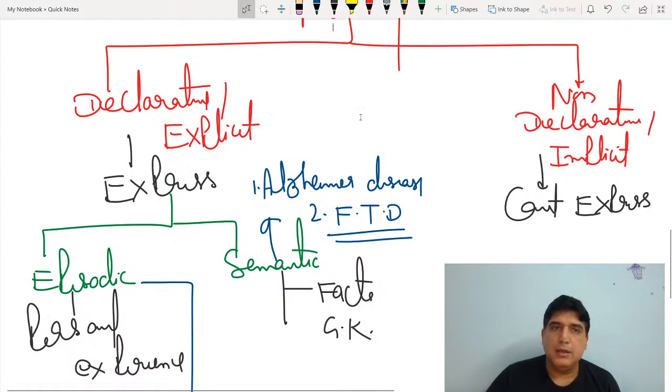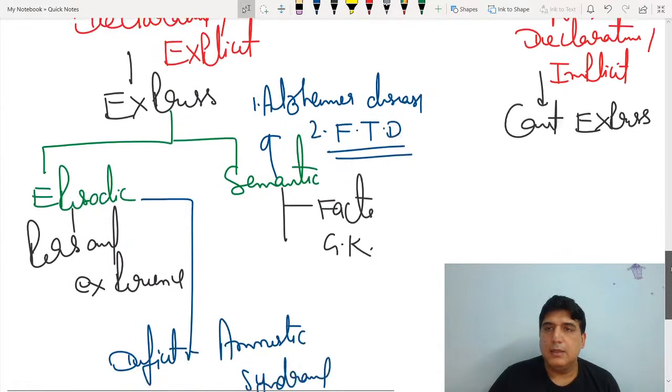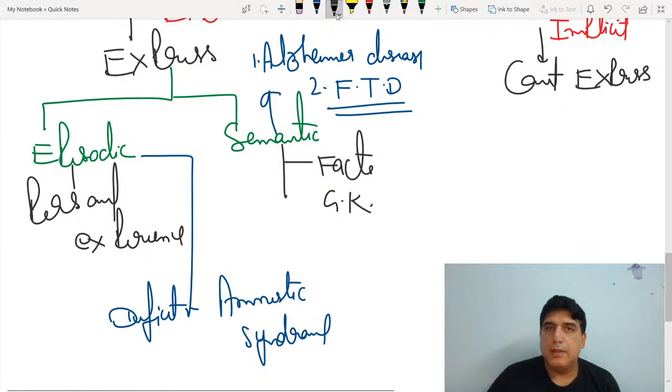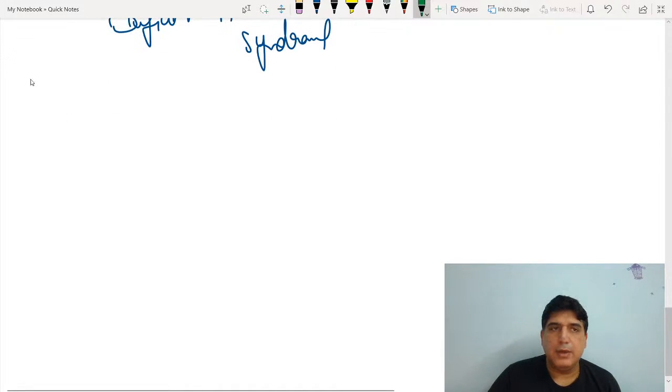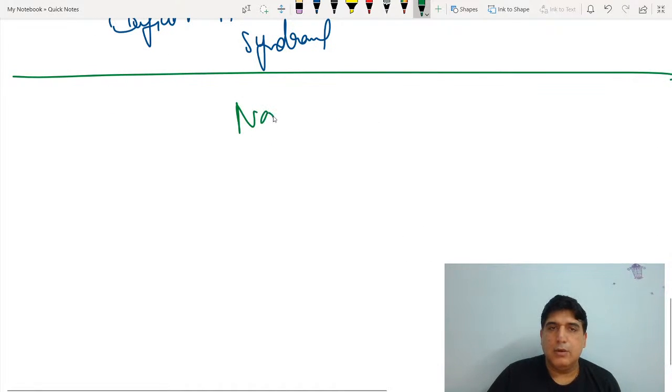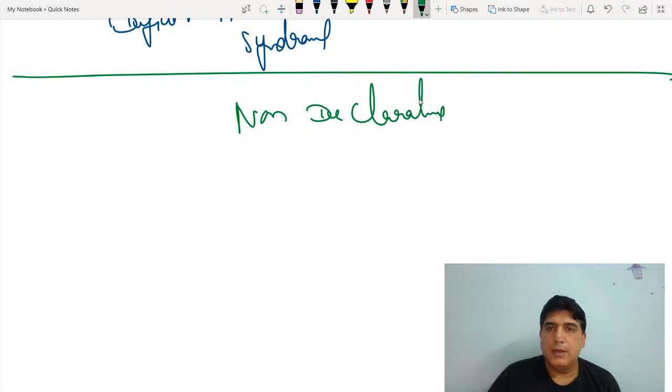Declarative memory, and then non-declarative memory. These are the types of implicit or non-declarative memory.